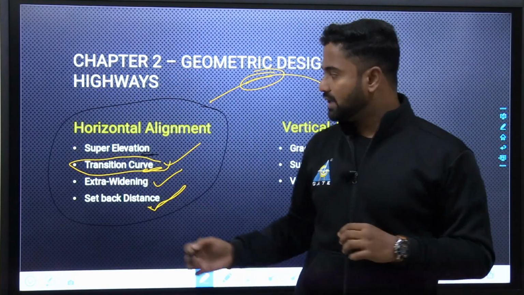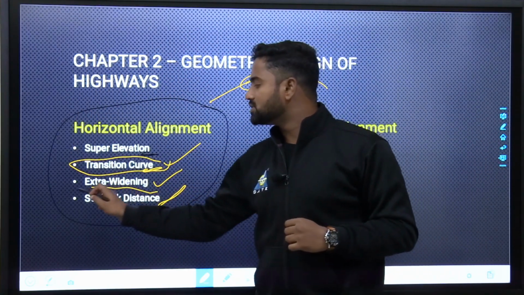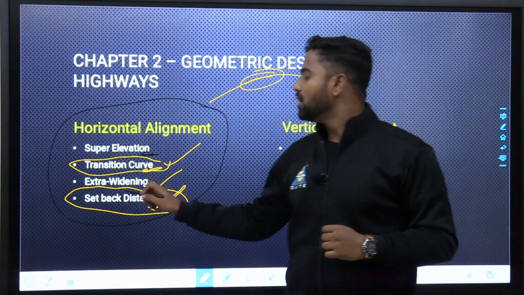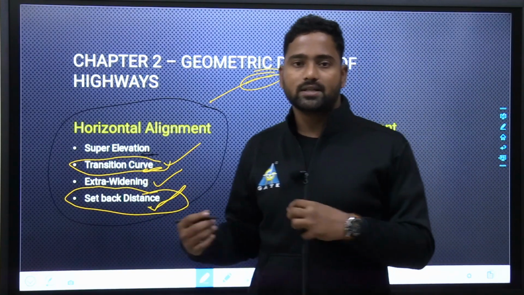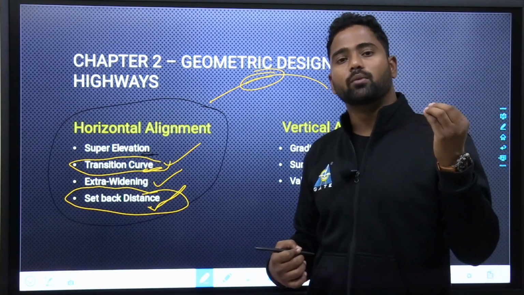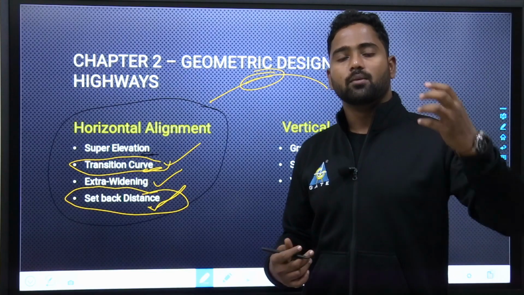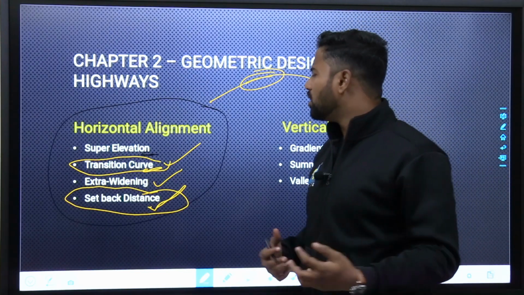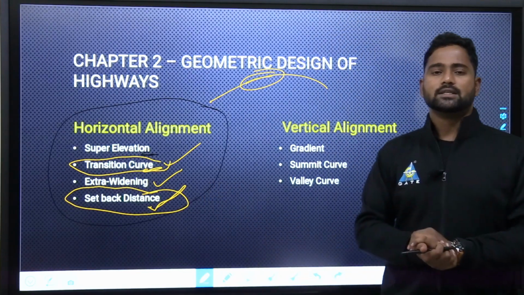So the idea is setback distance, how you provide it, and the methods to calculate it, whether it is a single lane road or a double lane road, and when the curve length is more than SSD or less than SSD. All those things we will be seeing in setback distance.